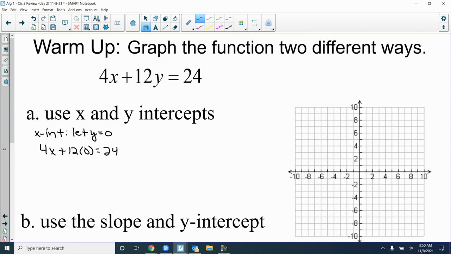All right, good. I'm going to slow down and go step by step here. You let the y equal 0. So you get 4x plus 12 times 0, which is 0. You get 4x equals 24. Divide by 4. X equals 6. You write that as 6, 0.